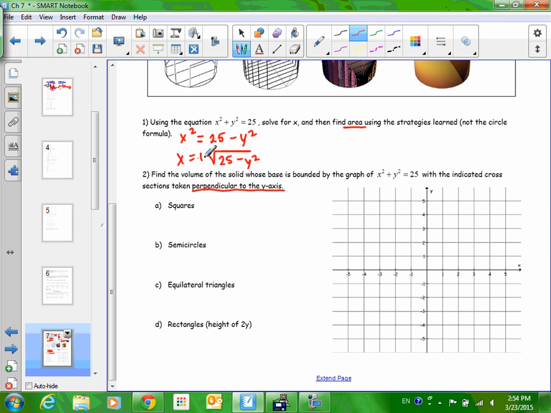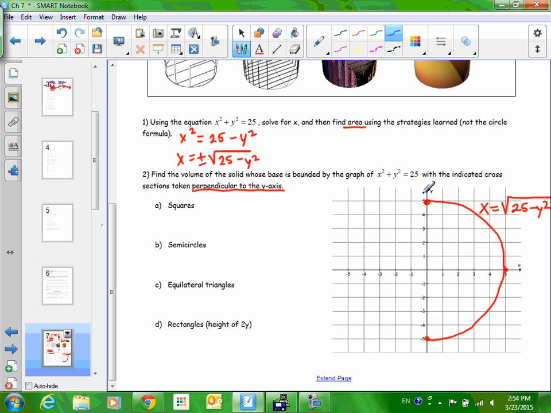And then I'm going to put a little plus or minus here. What this represents on this graph is this semicircle right here, which is the equation x equals the square root of 25 minus y squared.